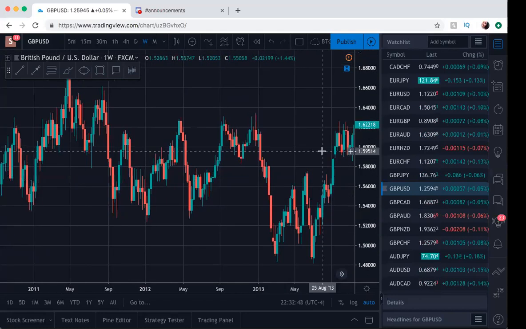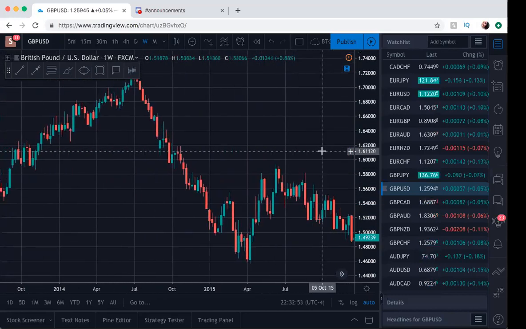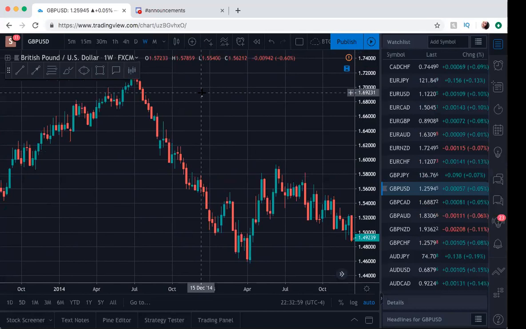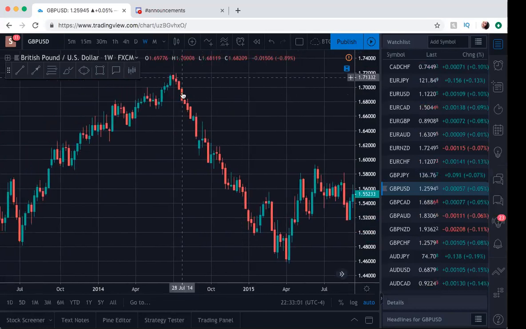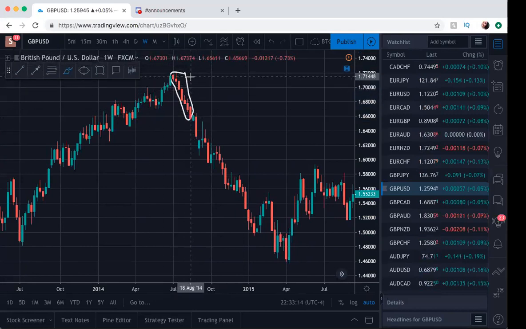So I'll find an order block here. And what an order block is, because I know a lot of you are like, you say order block, but you haven't said what it is. What an order block is, for example, in a bearish market. When the market is trending down and all you have are these red candles, an order block is the green candles.